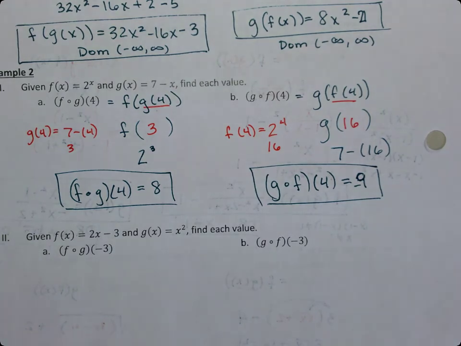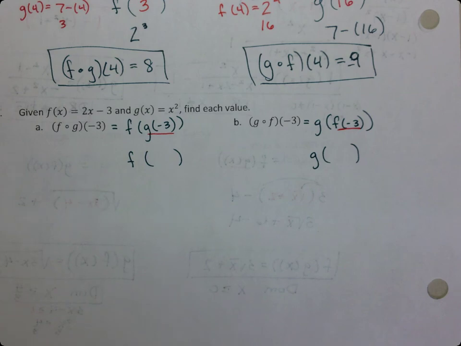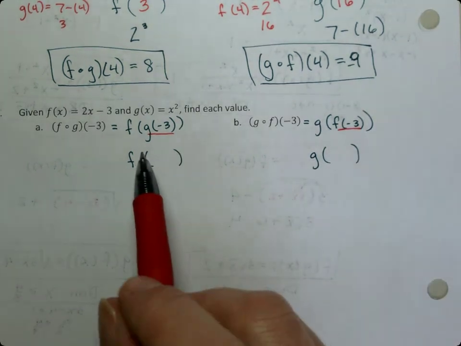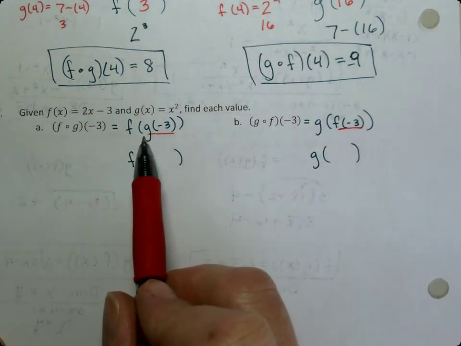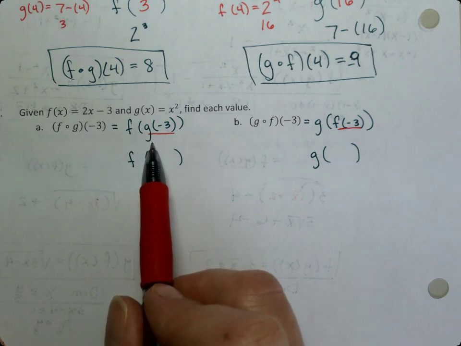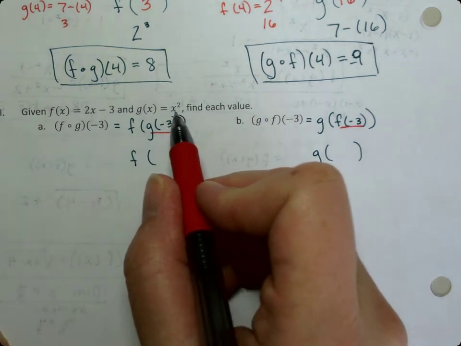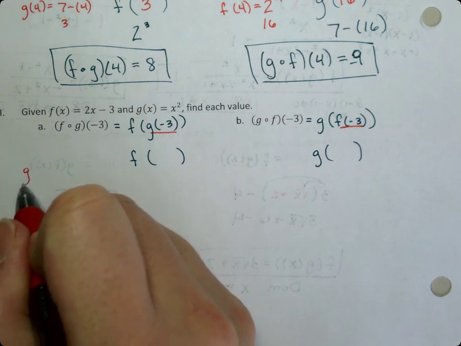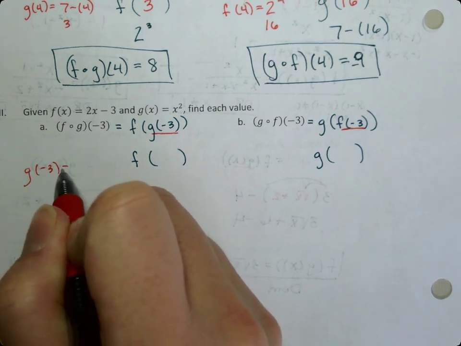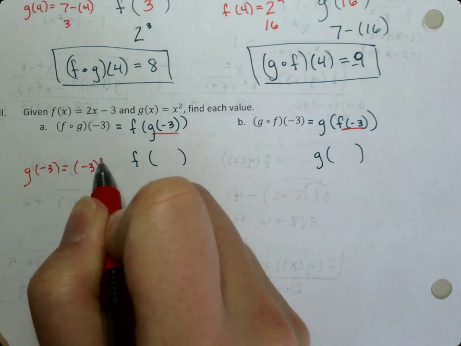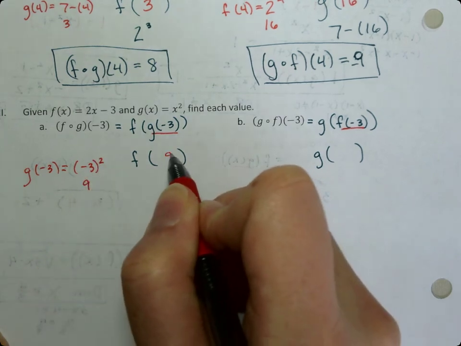Okay, so take a second and you try the next two. Pay attention that there is a negative sign there. So we are doing f composite g of negative 3. I'm going to go off to the side and I'm going to take g of negative 3. And I'm going to use parentheses because negative 3 squared is positive 9.